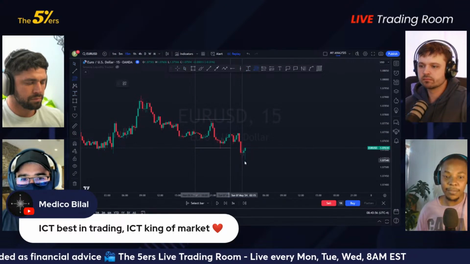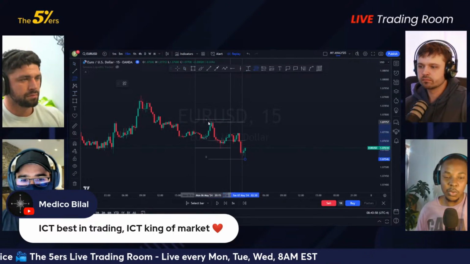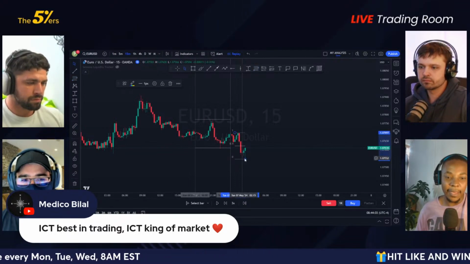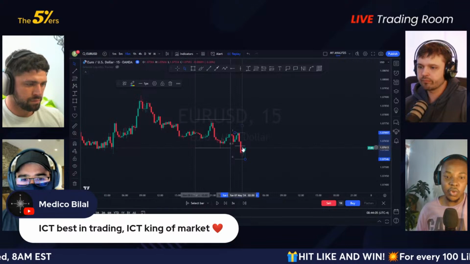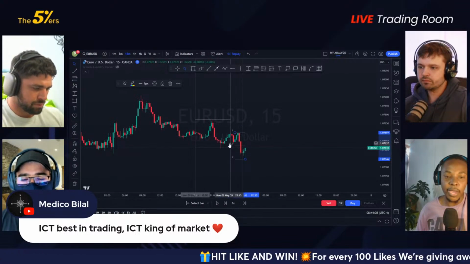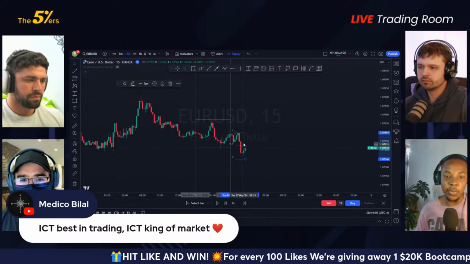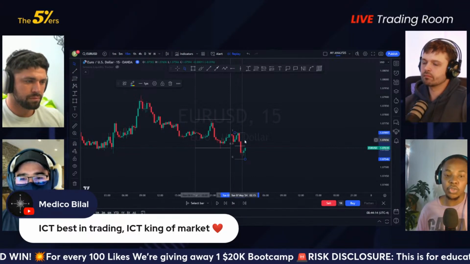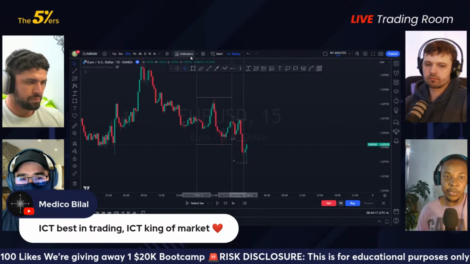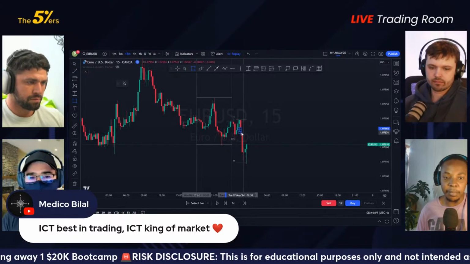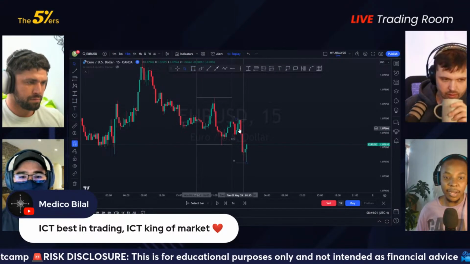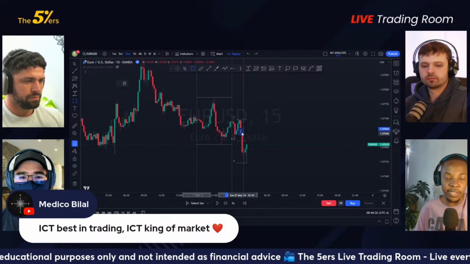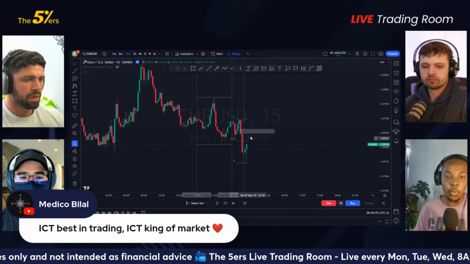If you're measuring this swing low and that swing high there, you'd want to sell anywhere above this 50%. Whenever we tap in above that 50%, that's premium price. That's where you should be looking to sell, looking for that premium PD array, which is obviously this fair value gap here.